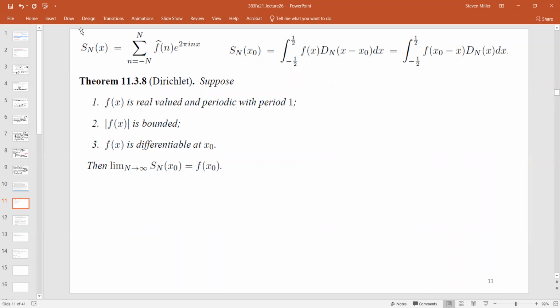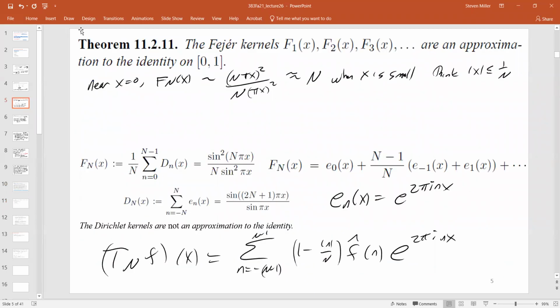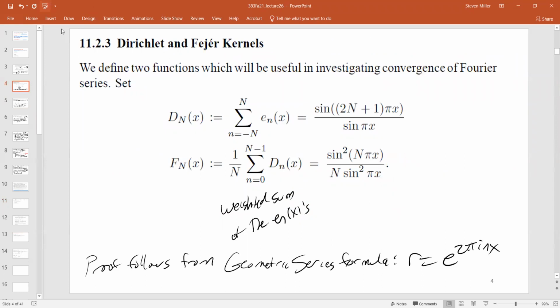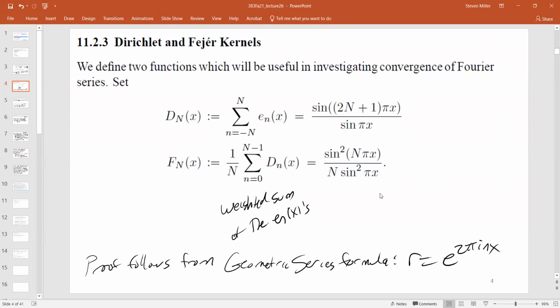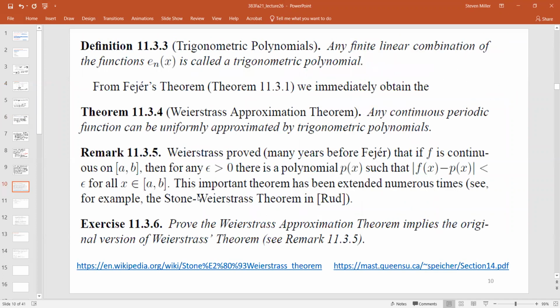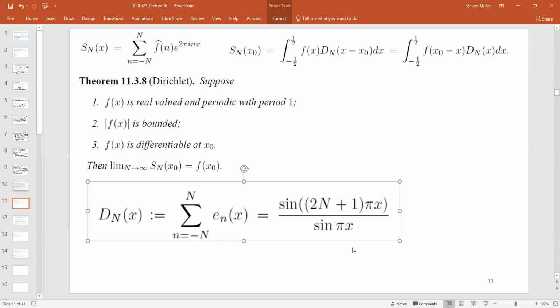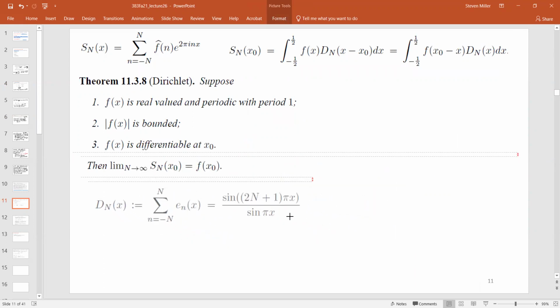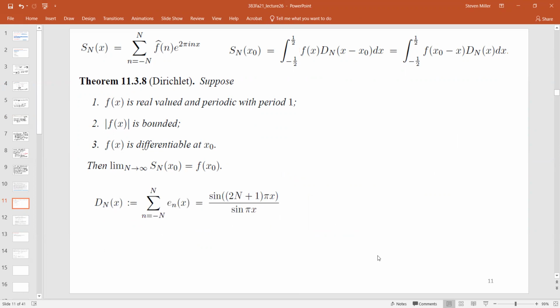But essentially, because f is differentiable, when you look at the Dirichlet kernel, let me punch this up again. It was on this page. When we look at the Dirichlet kernel, the problem, of course, is the denominator can blow up.